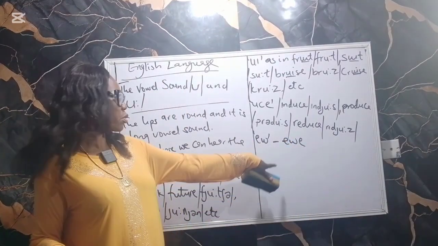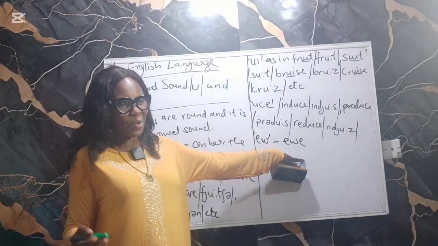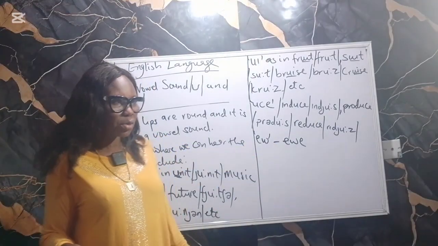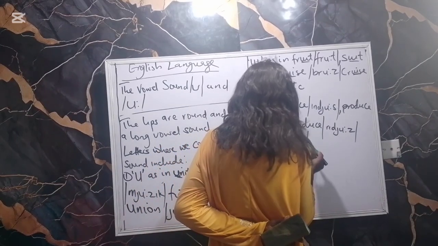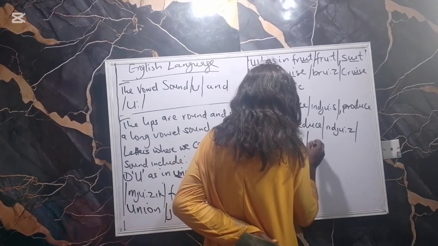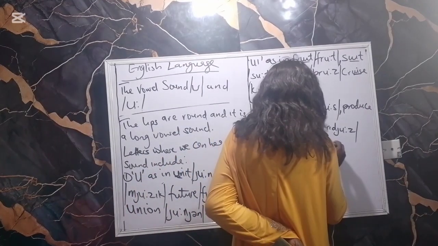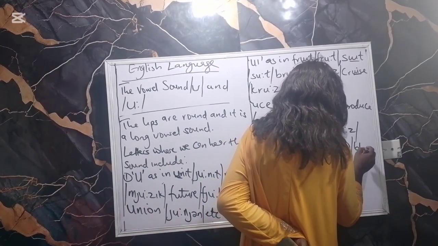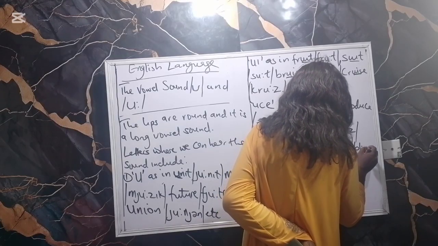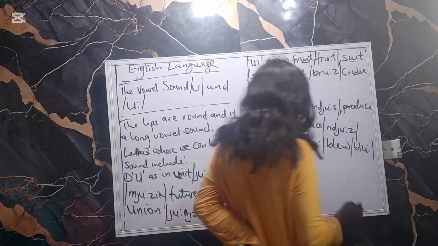As in you. This word is pronounced you, not as some people pronounce it. It's you. And how do you write this thing? You write it this way, you. Blue, blue.